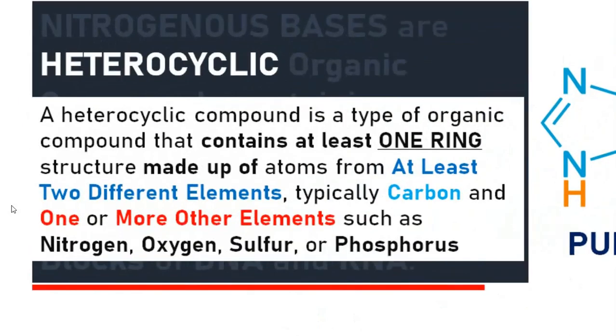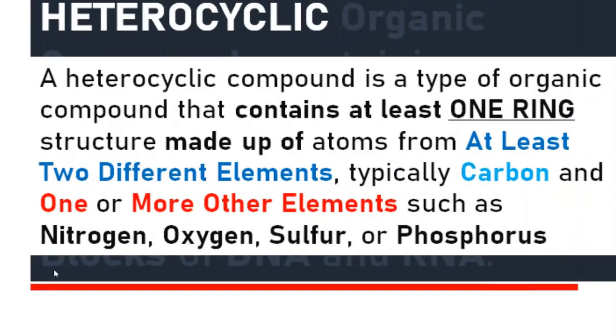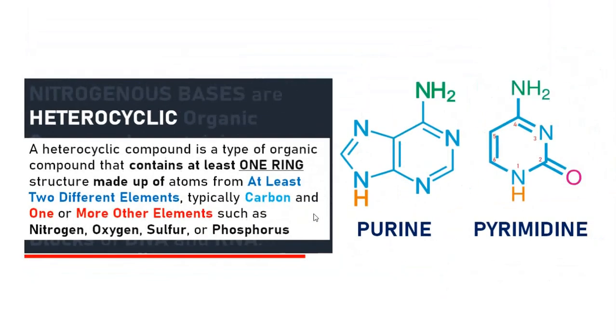A heterocyclic organic compound is a type of organic compound that contains at least one ring structure, made up of atoms of at least two different kinds of elements, typically carbon in combination with one or more other elements such as nitrogen, oxygen, sulfur or phosphorus.